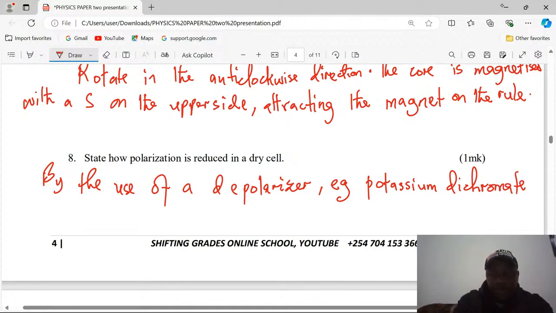When you say the use of a depolarizer, it's advisable you state an example of a depolarizer.